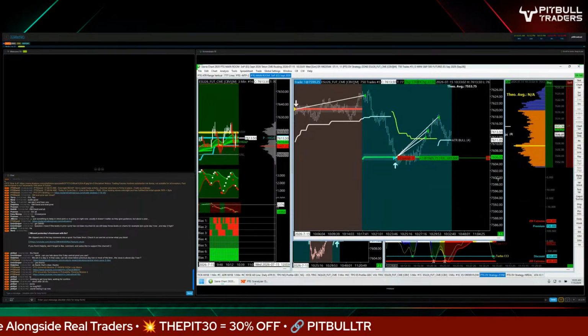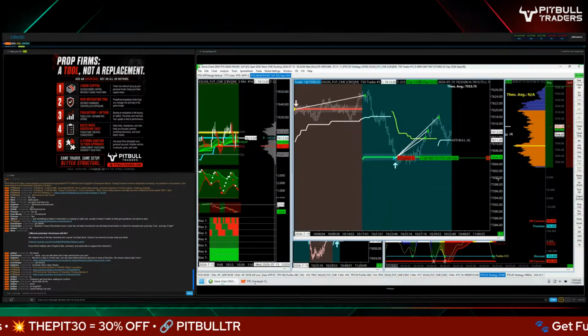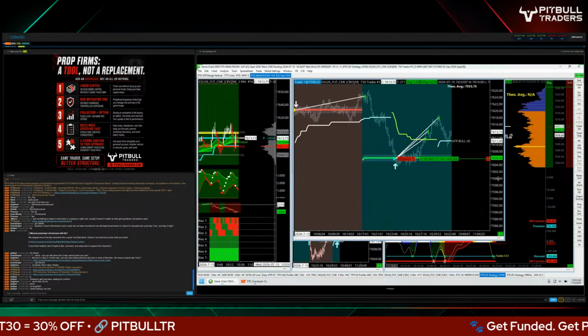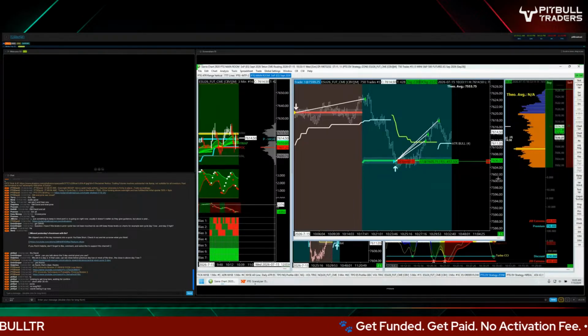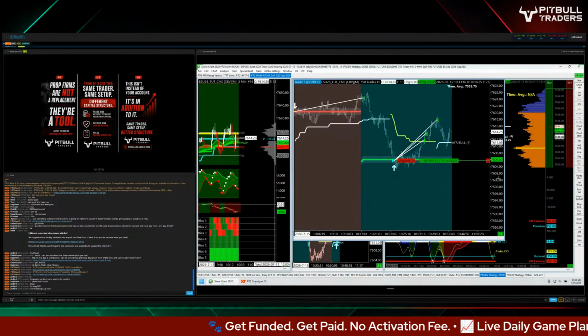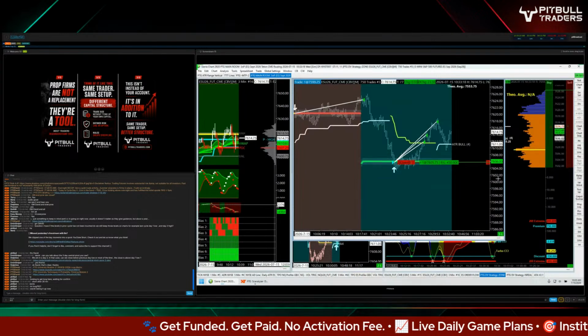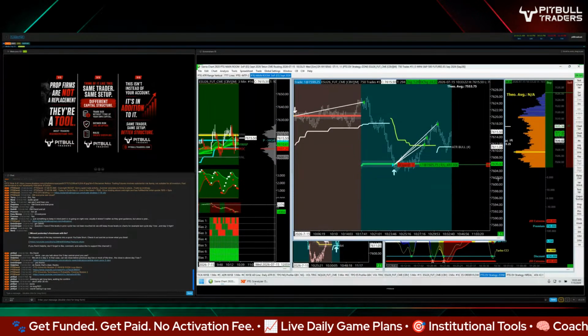Now, again, whether you're doing this from an auto trader perspective, as we just did there, or if you're doing it manually, right, as a manual strategy, your challenge, if you choose to accept it, is to take that trade every single time.